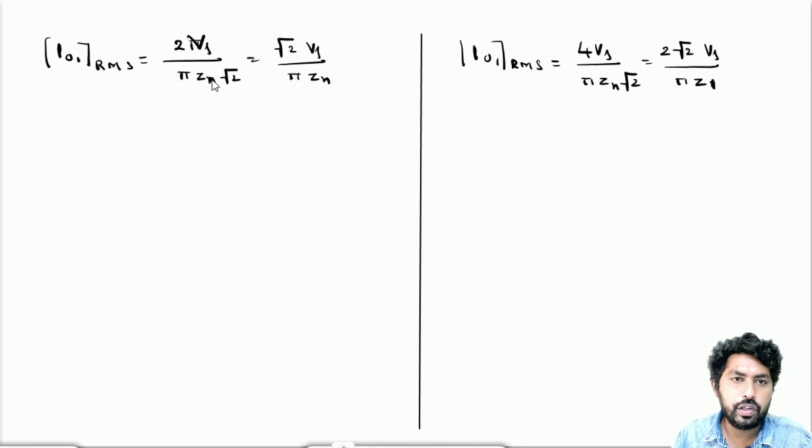Here we need to take Z1, that is the square root of R squared plus (ωL) squared. So now we got the I01.